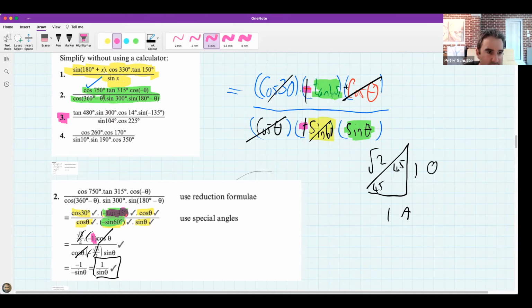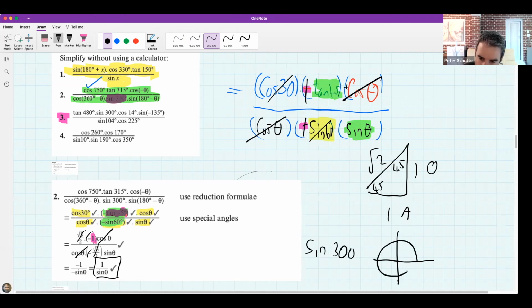Okay. The reason it became negative was because of the sine of 300. So let's look at the sine of 300 on the CAST diagram. Would you agree with me that the sine of 300 is in quadrant 4? Yes.